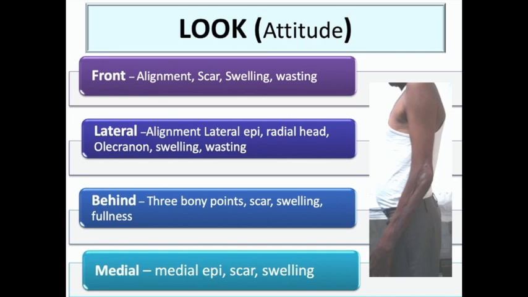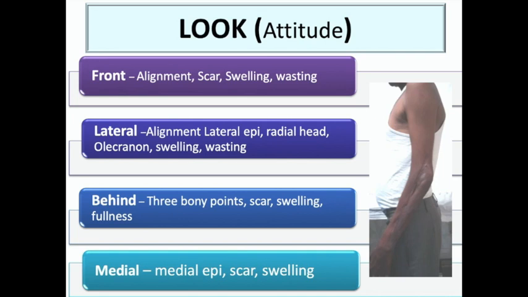You want to look at the elbow from the side. It again tells you about some amount of alignment, whether the attitude is in flexion or hyperextension or neutral position. Is there a prominence jutting out from the olecranon? Is there any severe wasting in the arm or the forearm? From behind, the 3 bony points which are asked to each one, whether there is any standing out of the triceps tendon, one of the hallmarks of a neglected elbow dislocation.